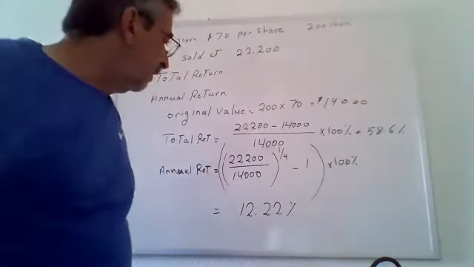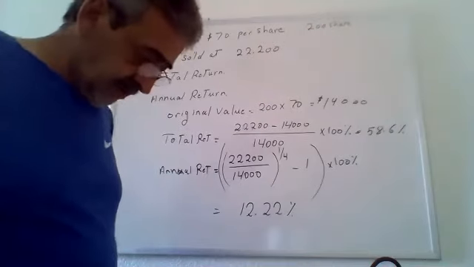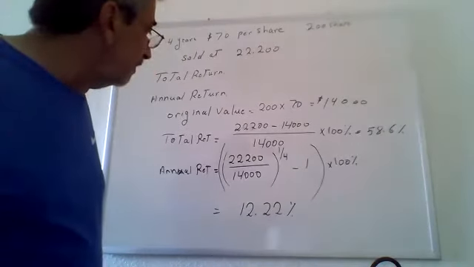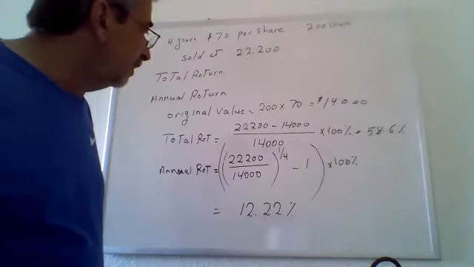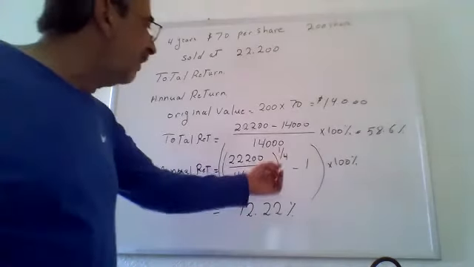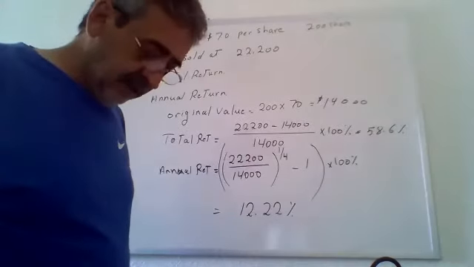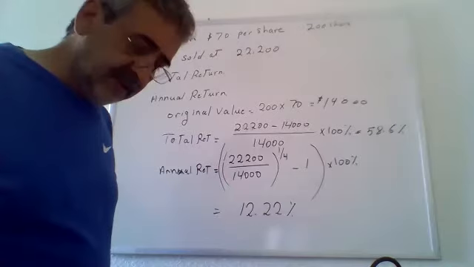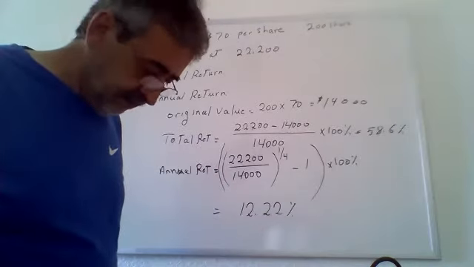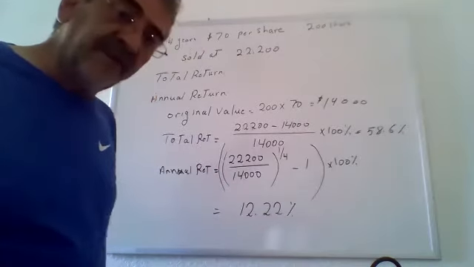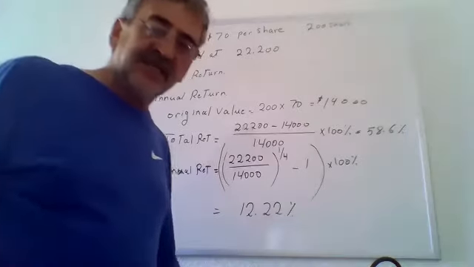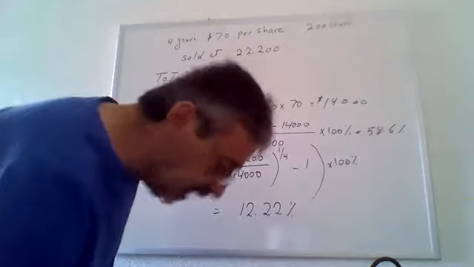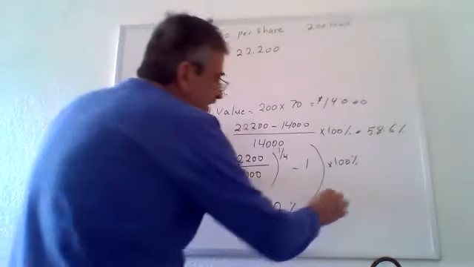Got it. So when plugging that into the calculator, how are we plugging in that 1 over 4? Just make it to the power 1 over 4. In Excel or the calculator, you can just say to the power. If you use Excel, you use that one.